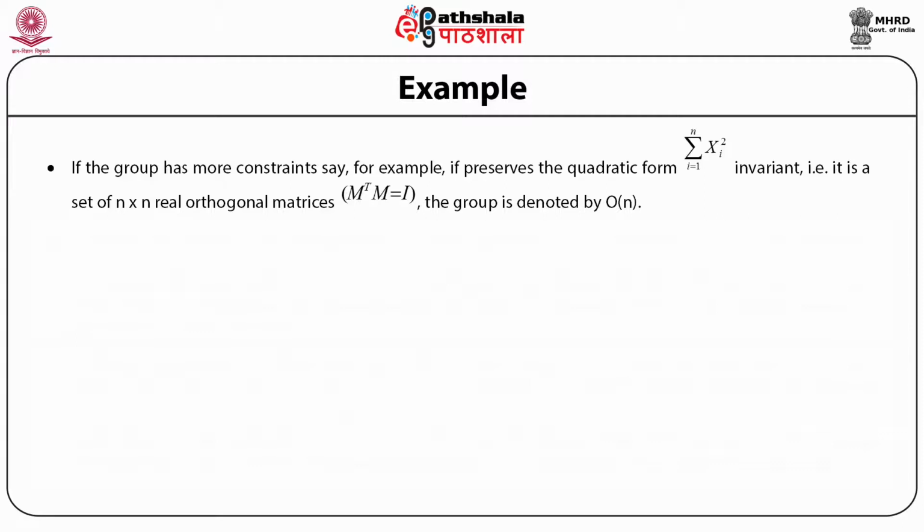An orthogonal matrix is defined as a matrix M such that M transpose multiplied by M is equal to identity, and in this case the group is denoted by O(n). So O(n) is the group of n by n orthogonal matrices.